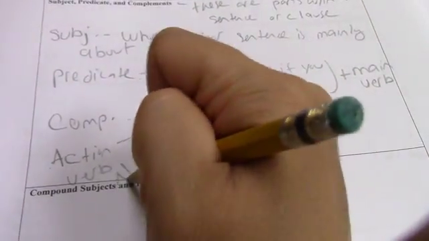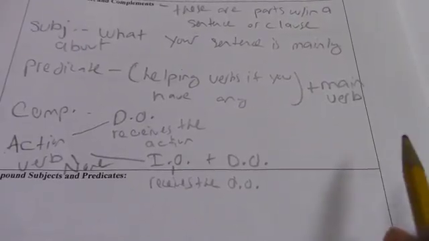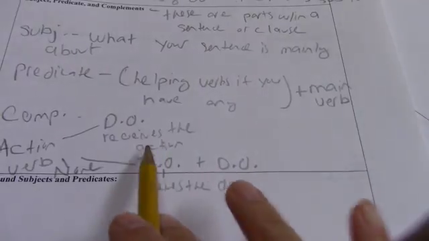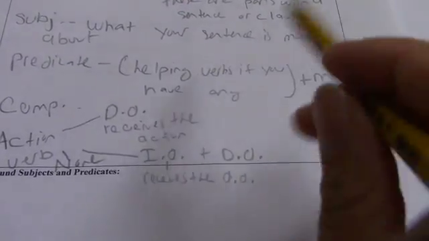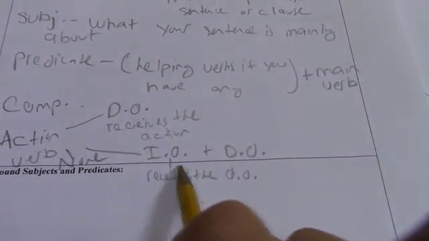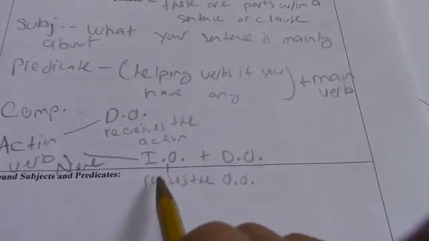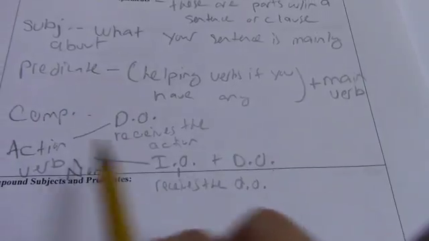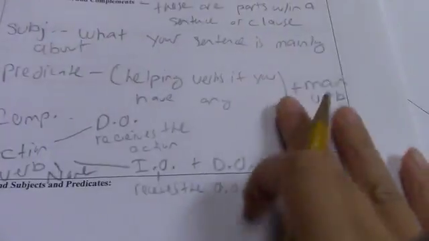Or none of the above. So if you have an action verb, you have three possibilities. You'll either have a direct object, so the direct object is what receives the action. You'll either have an indirect object plus a direct object, so the indirect object is what receives the direct object, or you'll have none of the above.